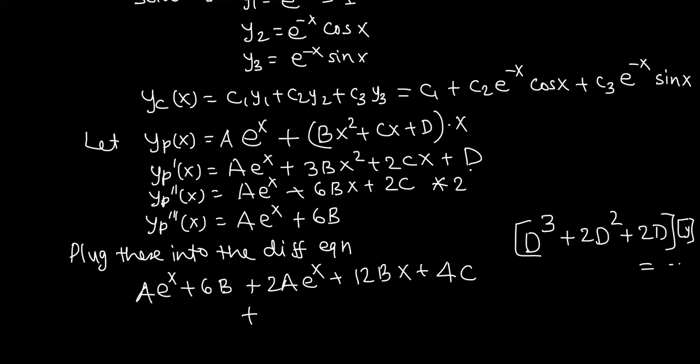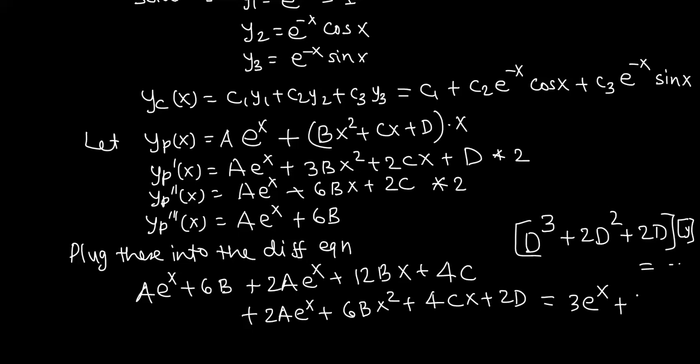Dy means derivative, multiply this by 2 again, so 2a e^x plus 2 times 3, 6bx squared, plus 2 times 2, 4cx, plus 2d. That's the left hand side, which is equal to what we had on the right hand side, 3e^x plus 5x squared.